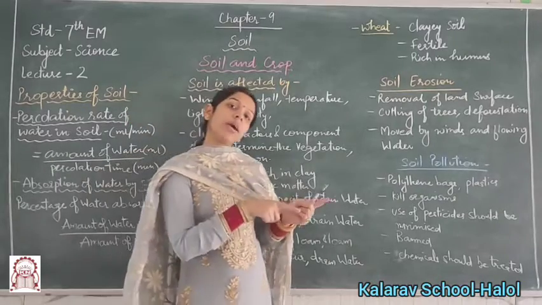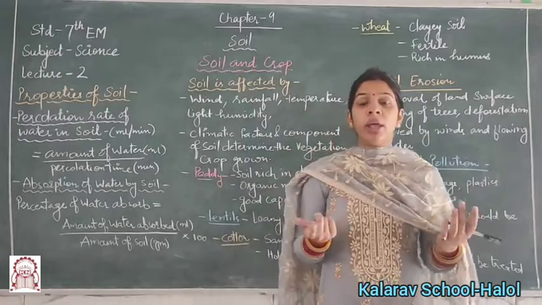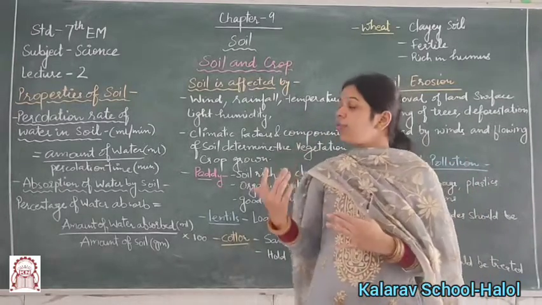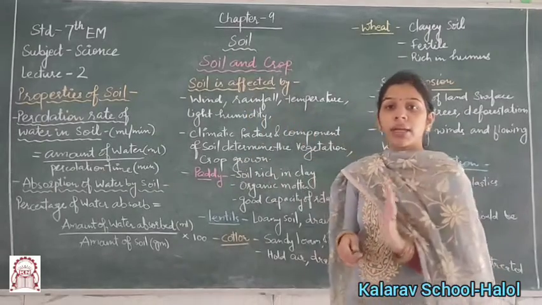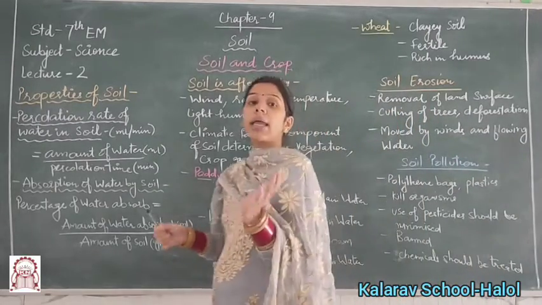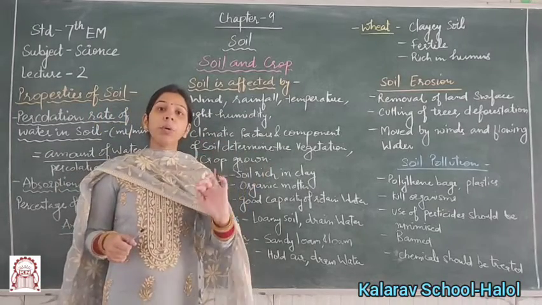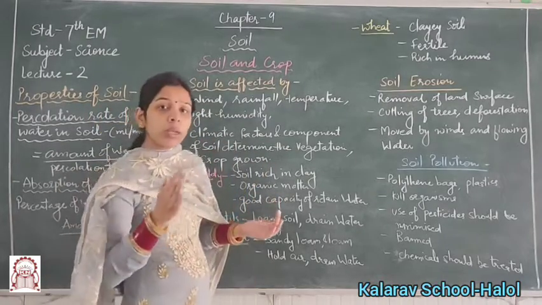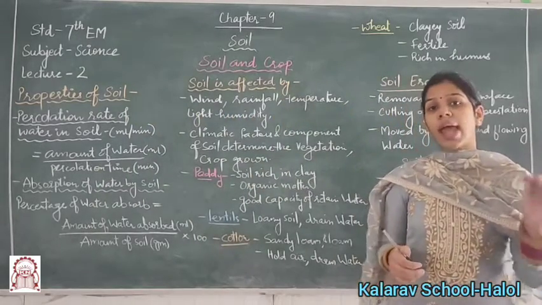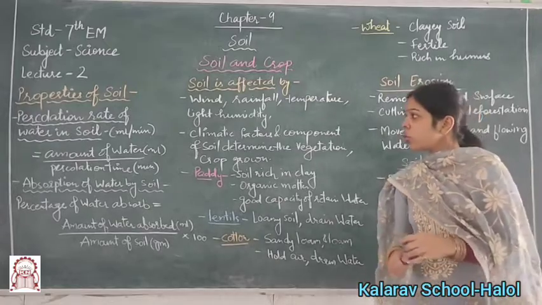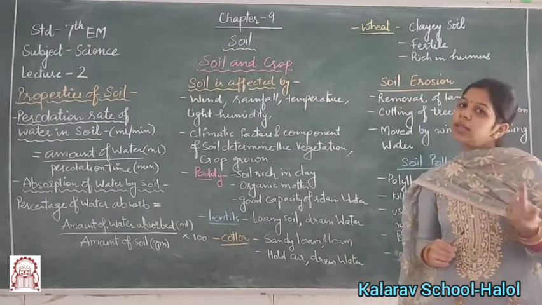Soil is affected by temperature, which means the desert area has sandy soil. On the other side, the type of soil of a particular region affects the vegetation and crops grown there. So soil and crops are interrelated with each other.